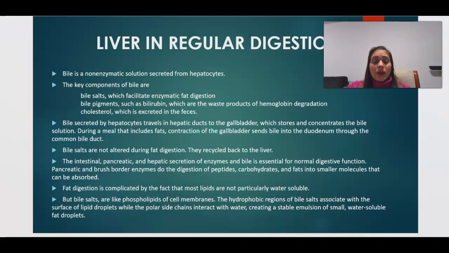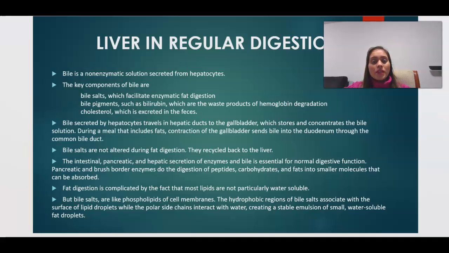The intestinal, pancreatic and hepatic secretion of enzymes and bile is essential for normal digestive function. Pancreatic and brush border enzymes digest peptides, carbohydrates, and fats into smaller molecules that can be absorbed.